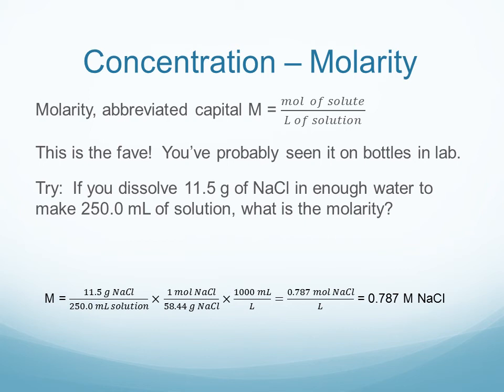The first step, using the formula mass of sodium chloride, converts the grams of sodium chloride to moles of sodium chloride, so you have moles of solute in the numerator. Then we need to convert the milliliters in the denominator to liters. That gives us 0.787 moles of sodium chloride per liter of solution, which can be written 0.787 molar sodium chloride.